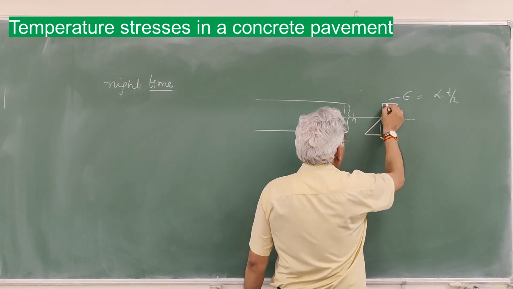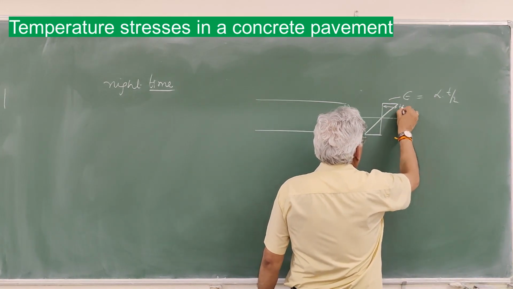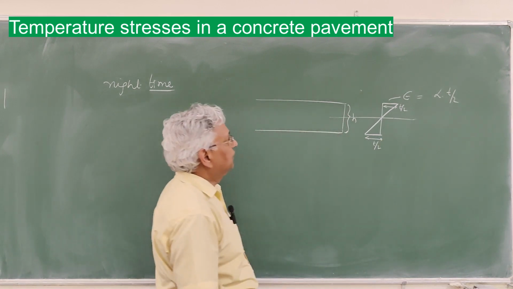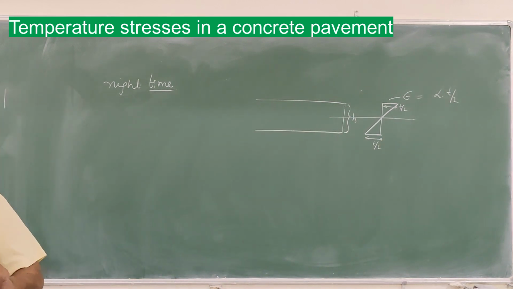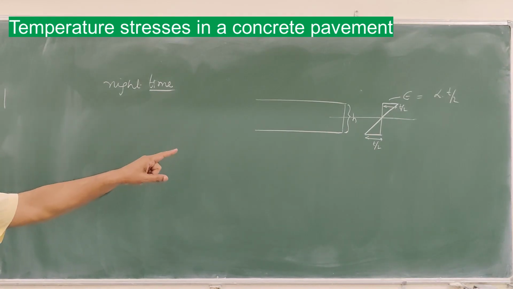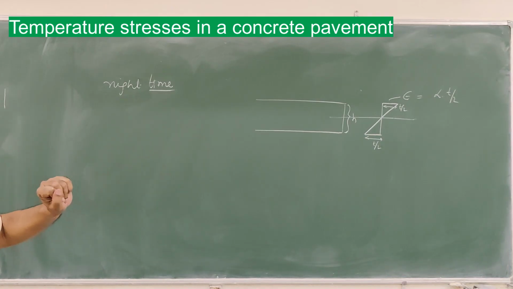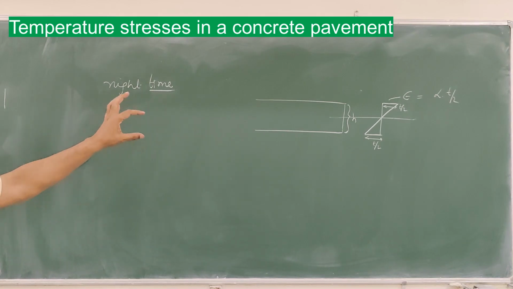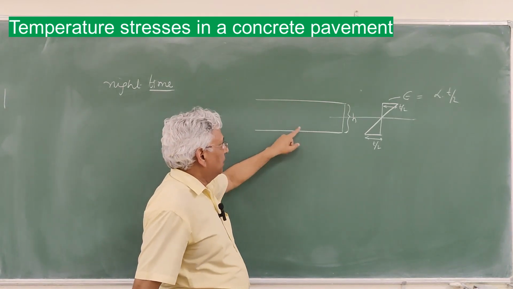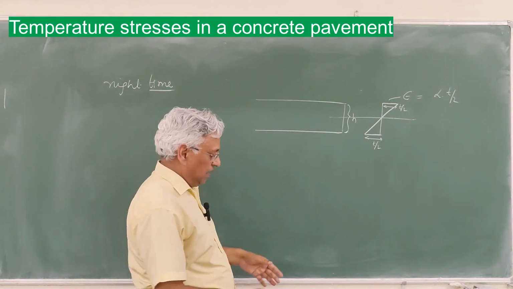T is the temperature gradient, the difference between the top and bottom surface. Alpha here is the coefficient of thermal expansion of concrete. So alpha into T by 2 will be the expansion of the top fiber, and similarly of the bottom fiber.